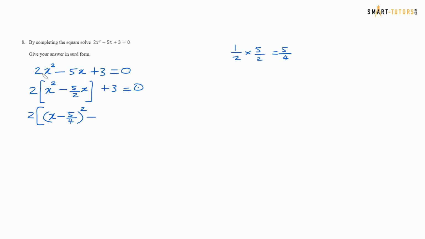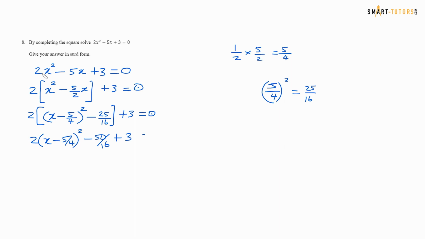So 5 over 4 whole thing squared is 25 over 16. So 25 over 16 you need to take away, plus 3 equals 0. So 2 times that bracket, so 2(x minus 5 over 4) whole thing squared. 2 times minus 25 is minus 50, minus 50 over 16, I will simplify in the next step, equals 0.